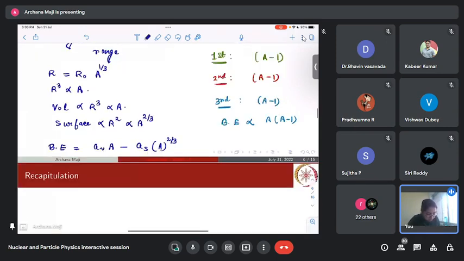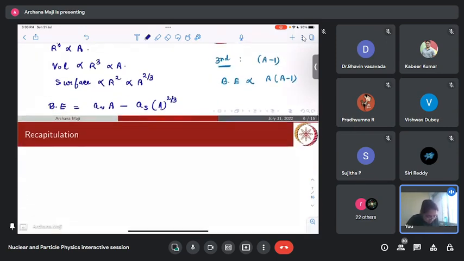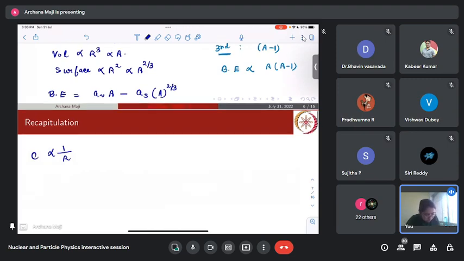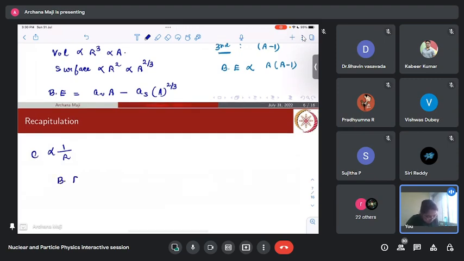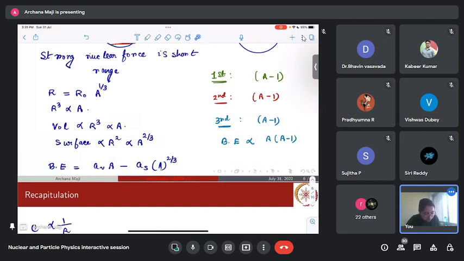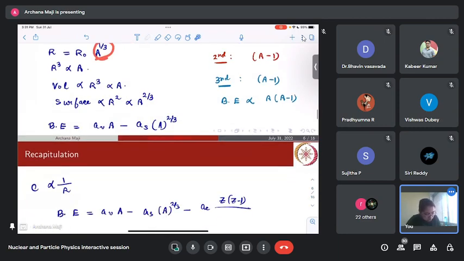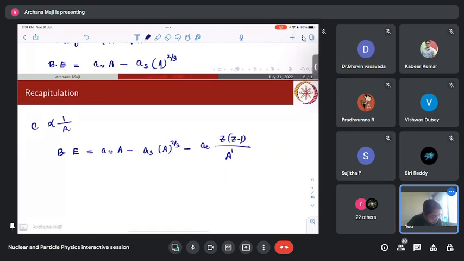So now, Coulomb interaction: Coulomb energy is proportional to 1/R. So the binding energy due to this Coulomb term will be Z into Z minus 1 divided by, since it is 1/R and R is proportional to A to the power 1/3, so the term will be like this.